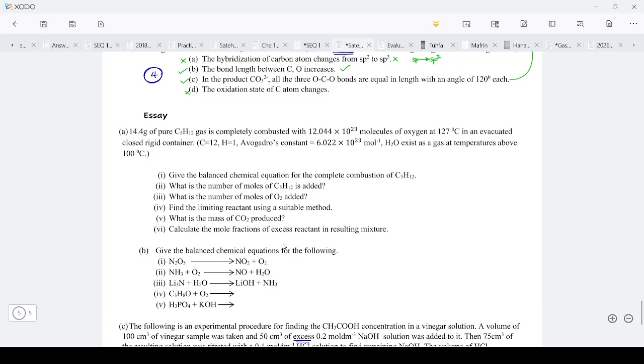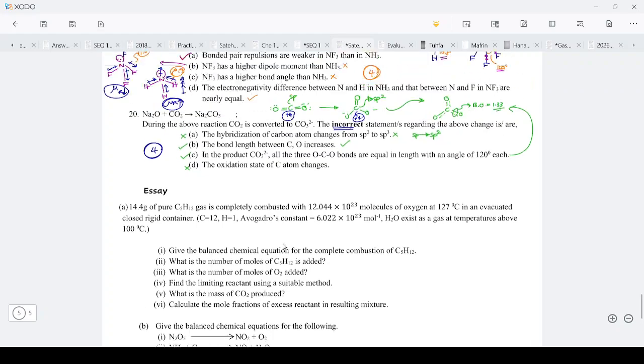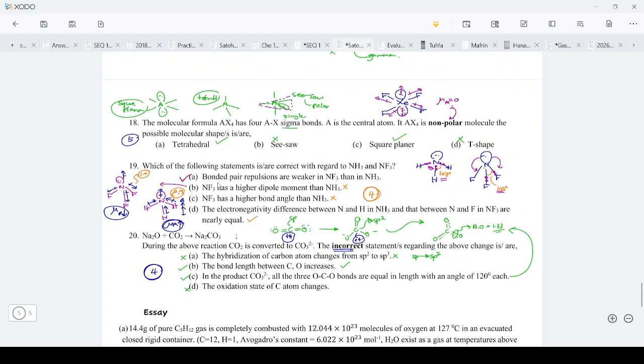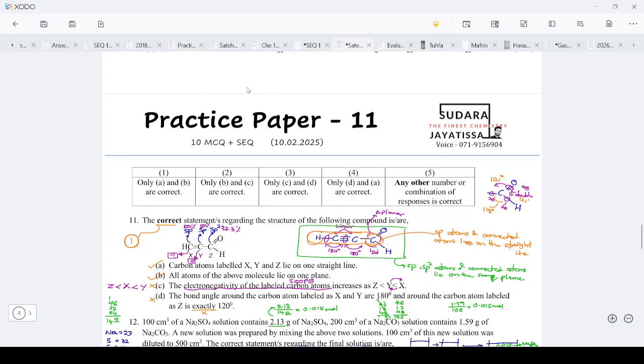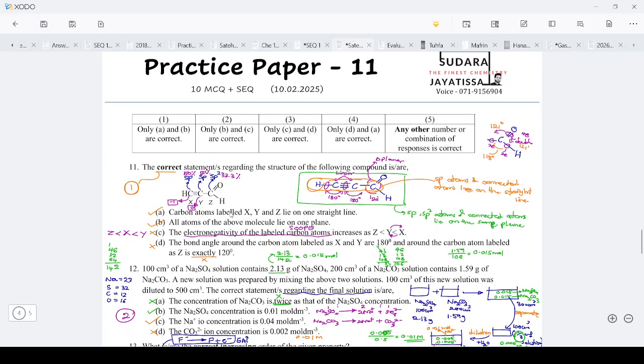Divide the essay marks by 2, so you get a mark out of 50. Then there are 10 MCQs in today's discussion, so give 5 marks for each MCQ. That gives another 50 marks. Add them and you get your mark for paper 11 out of 100. Right, and write a good review as always.